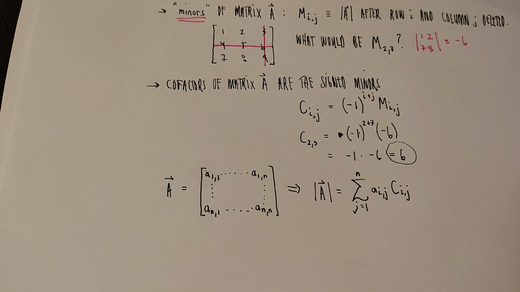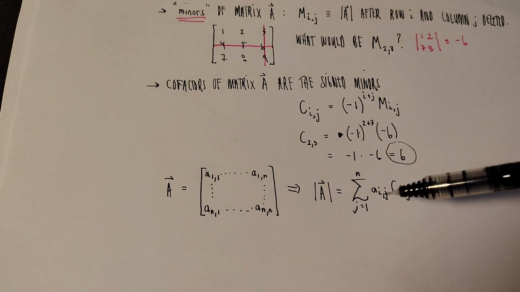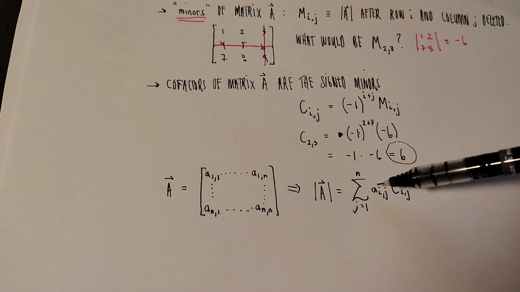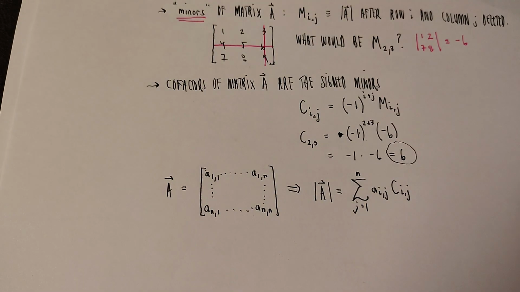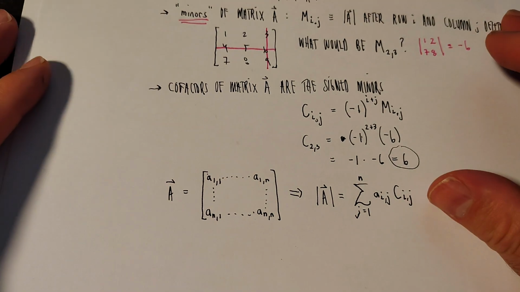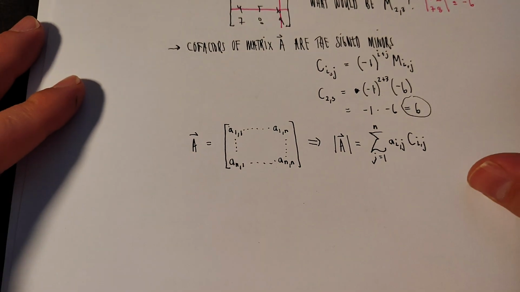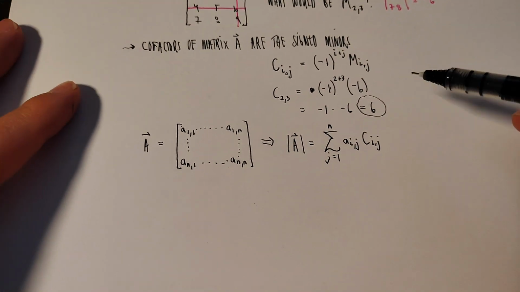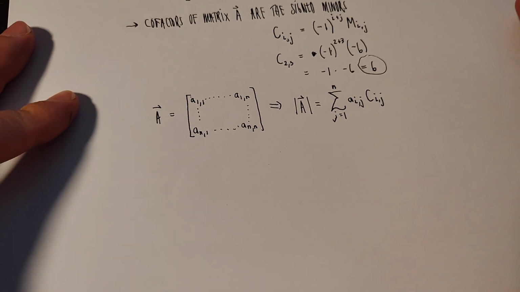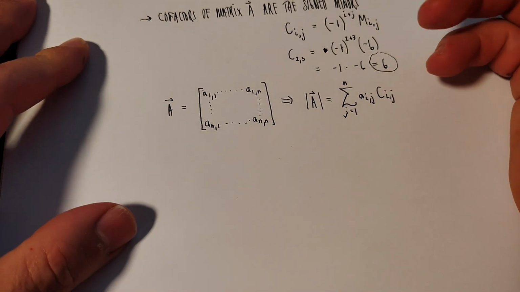So what does this say? We essentially need to choose one of these rows, and we need to expand across that row. We can also expand across columns if you want. All right? But let's focus on rows here. So let's do the example. This is a little bit arbitrary. It'll make a lot more sense if we actually do an example of this.